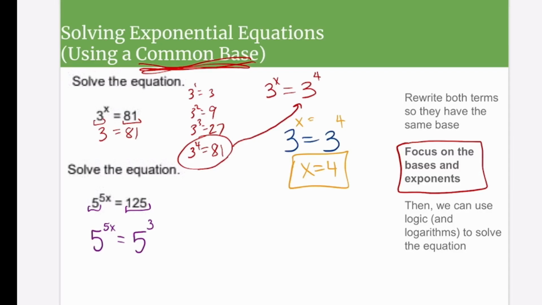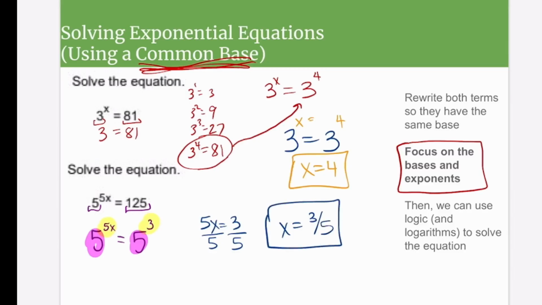So, since these bases are equal, that's going to result in these exponents needing to be equal in order for this to be an equation that makes sense. So 5x is going to equal 3. Divide by 5. So x is going to equal 3/5. If you plug that in, you're going to get the same answer.